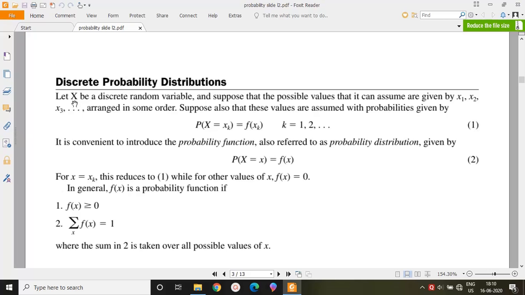Suppose capital X be a random variable and values taken by it are x1, x2, x3, etc. Then let f of xk be your function which corresponds to the probability of the variable xk.